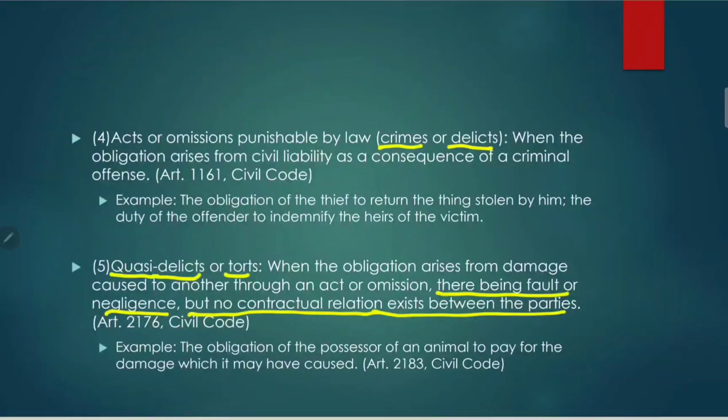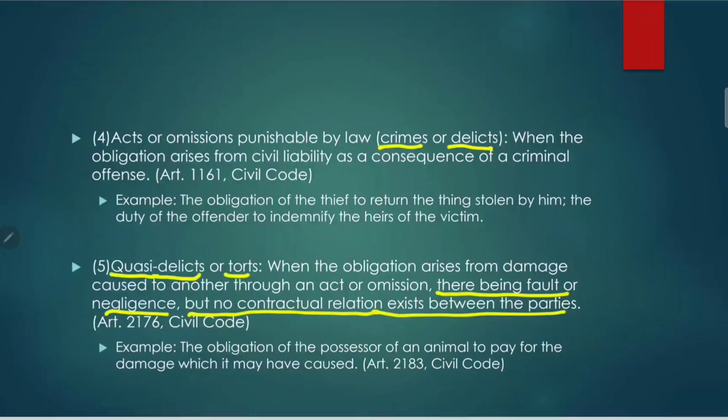Bale, meron daw pong damage caused to another through an act or omission. May ginawa or hindi ginawa. There being fault or negligence, ibig sabihin there was no intention to cause such damage to another. And that no contractual relation.